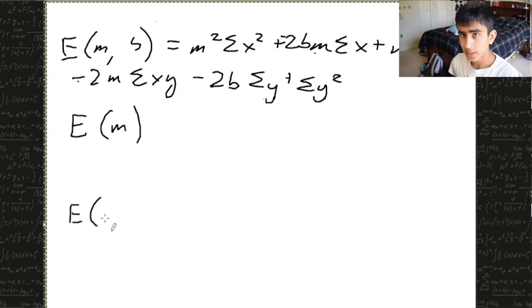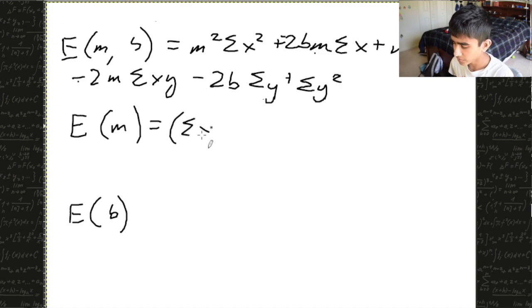So we can start by writing it as a function of m. So we can group terms according to m raised to the nth power. So the highest power that m is raised to is 2, so we can do all the terms that contain m squared and multiply them by m squared.